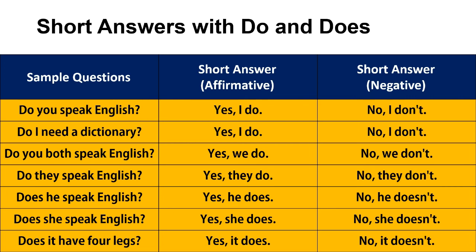Do is used with first person singular and plural, second person singular and plural and third person plural. Whereas does is used with third person singular and did is used with all the persons. Yes, hope I am clear.